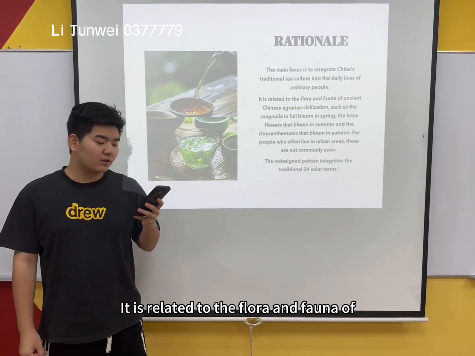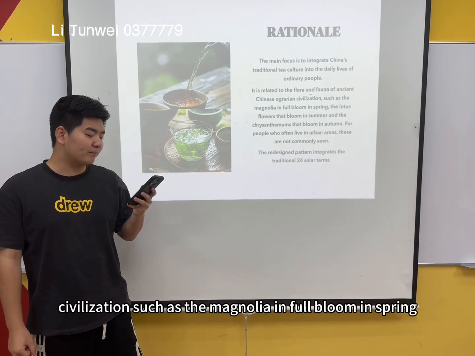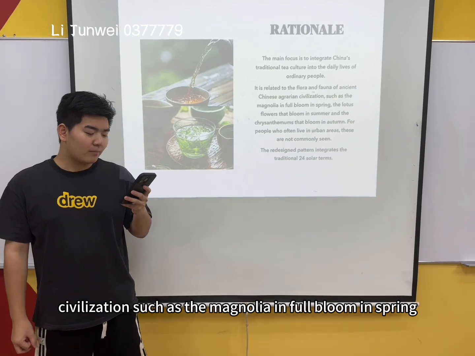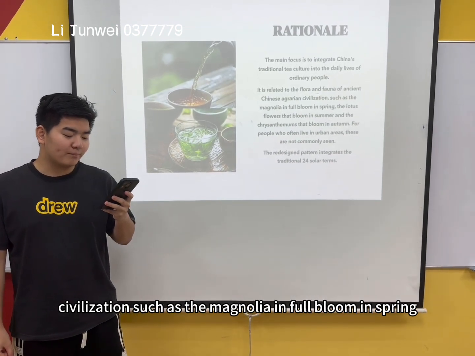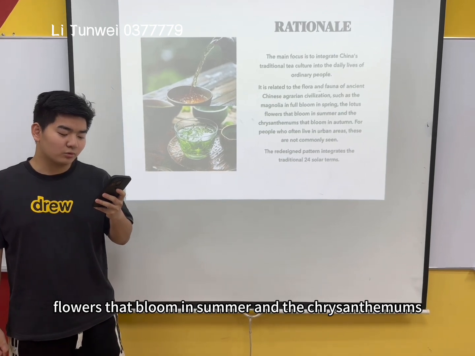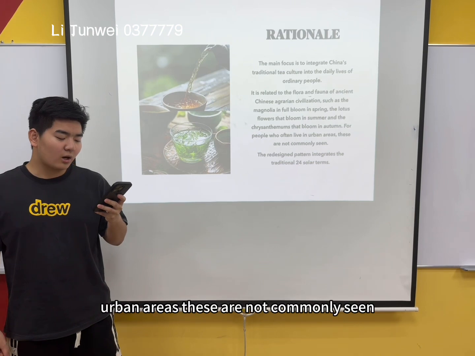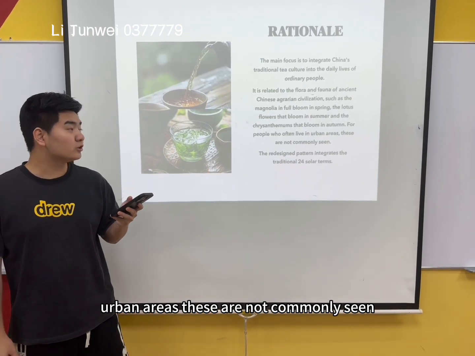It is related to the flowers and forms of Chinese creation, such as the magnolia in full bloom in spring, the lotus flowers that bloom in summer, and the cherry blossoms that bloom in autumn. For people who often live in urban areas, there are not religious themes.